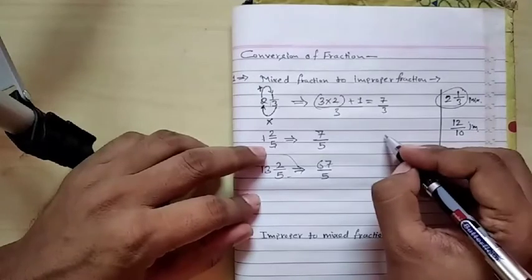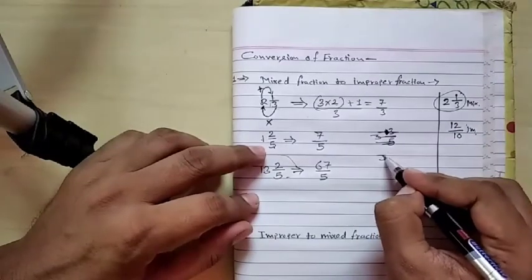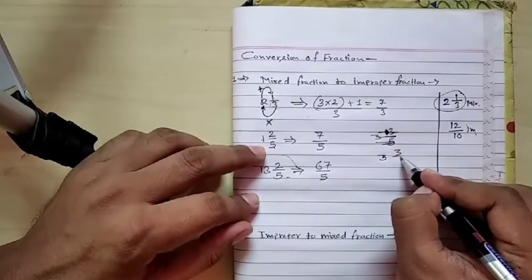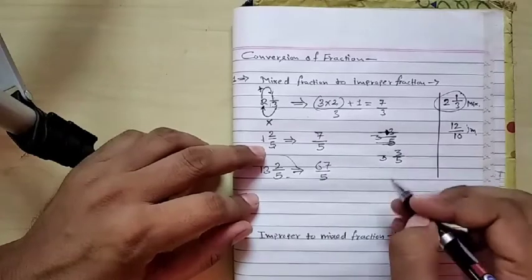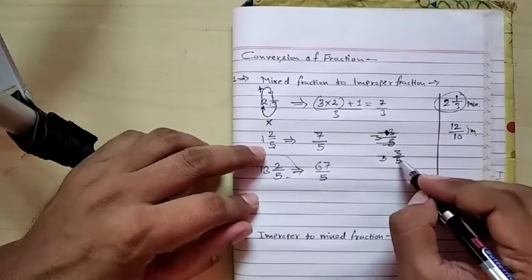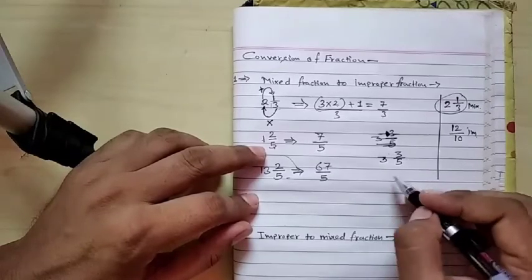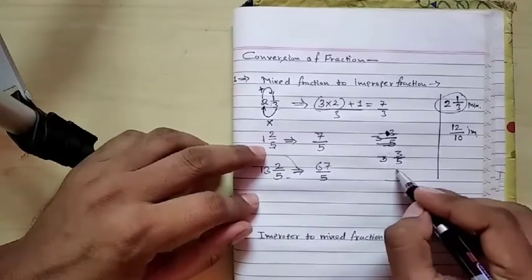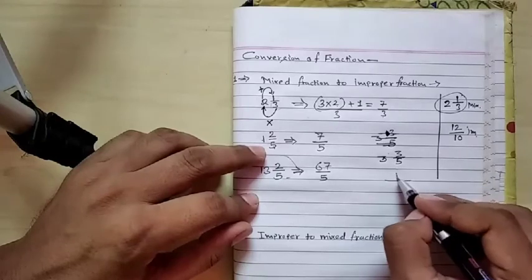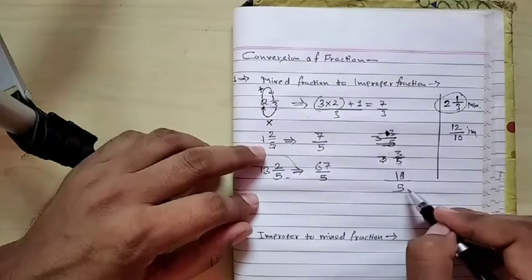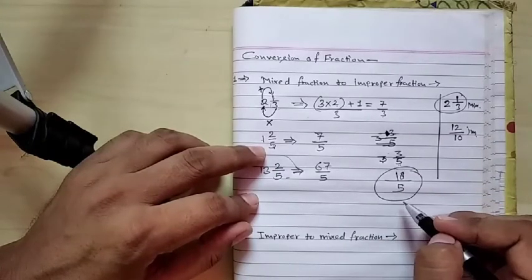I am just telling you one more: 3 whole 3 by 5. How do we change it? 3 5s are 15, 15 and 3 is 18, and the denominator will remain the same. So this is the improper fraction.